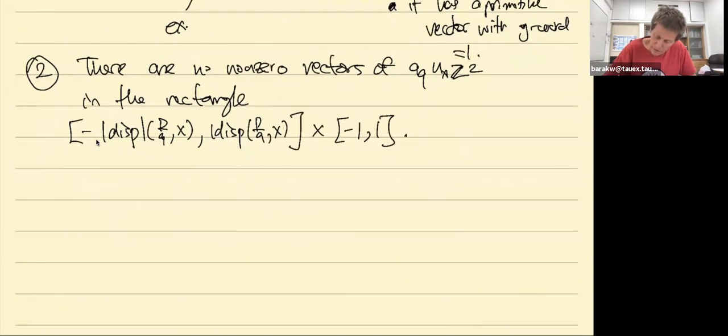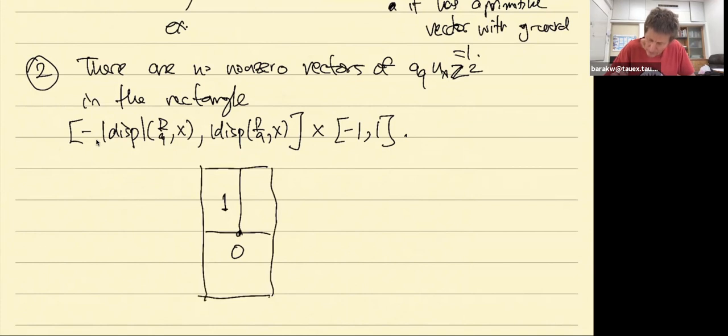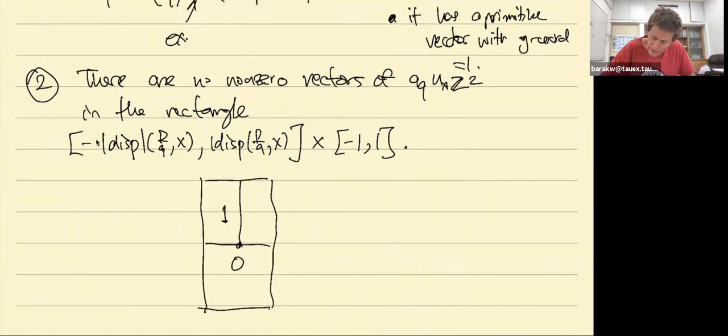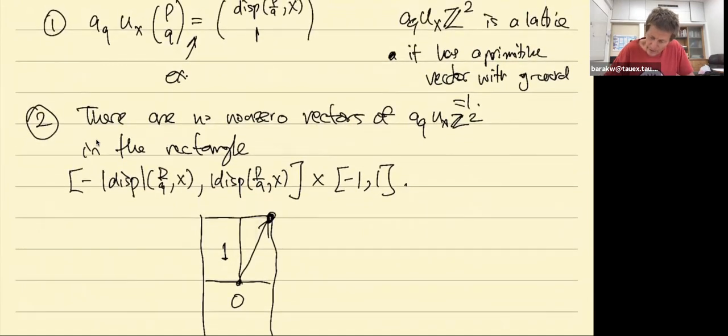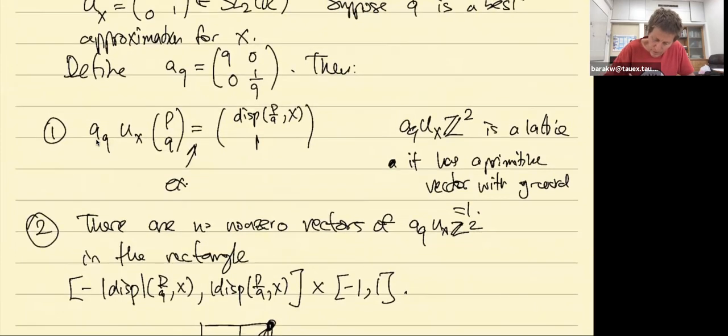Okay, so I'll draw a picture. Here's the origin in Z2. This is height 1. There's a rectangle here, looks like that. And on the corner of the rectangle is a vector, and this vector is this vector.